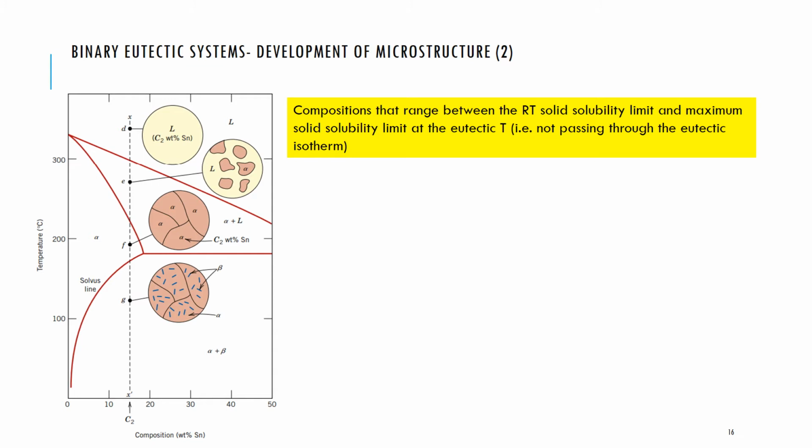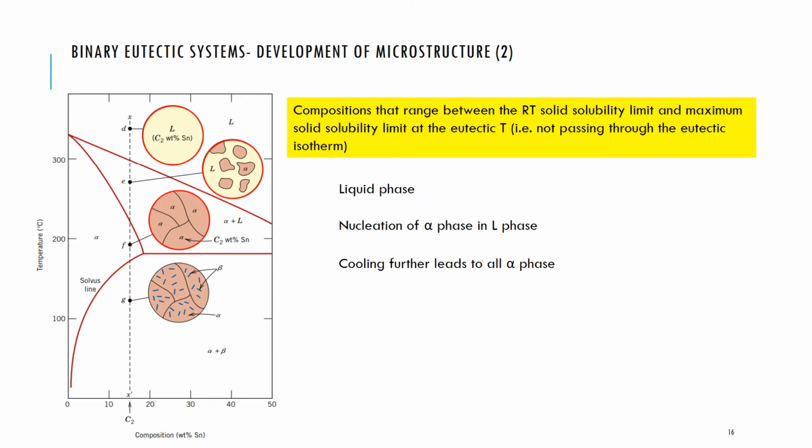Now, consider compositions that range between the room temperature solid solubility limit and the maximum solid solubility limit of the eutectic isotherm, that is, they don't pass through that flat line, the eutectic isotherm. These start off in the liquid phase, so follow the red circles and the dashed line here. When you cross that first liquidus line, you get the nucleation of alpha phase solid particles.